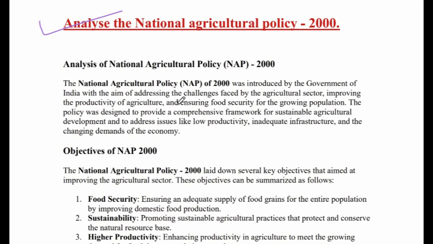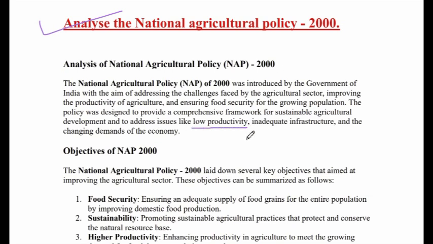That is, address the challenges faced by the agricultural sector, improve the productivity of agriculture, and ensure food security for the growing population. Three things. The policy was designed to provide a comprehensive framework for sustainable agricultural development and to address issues like low productivity.